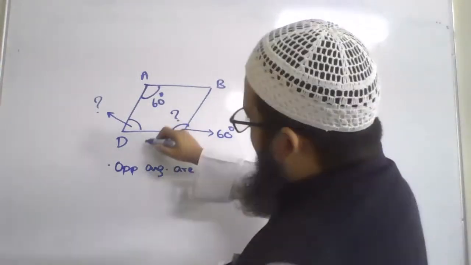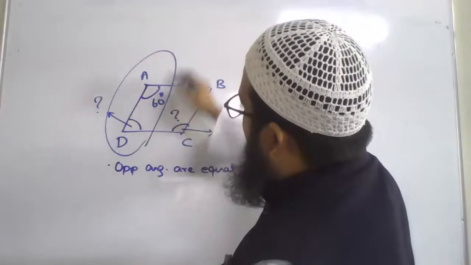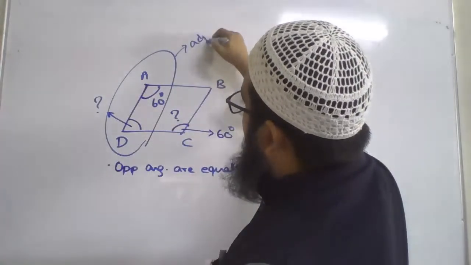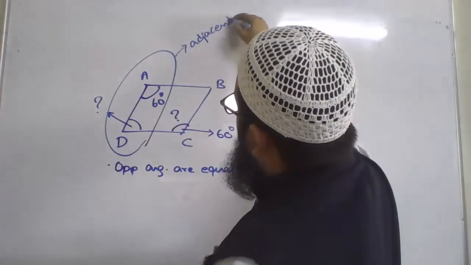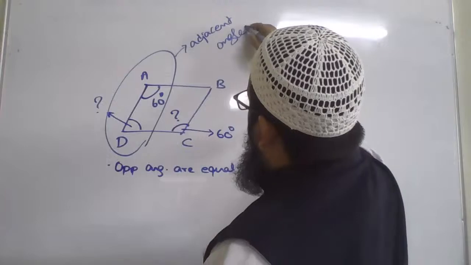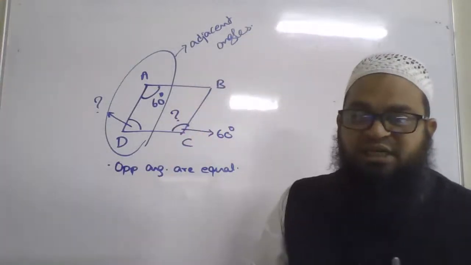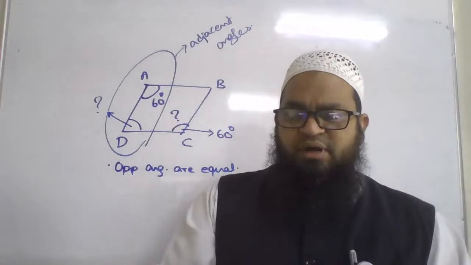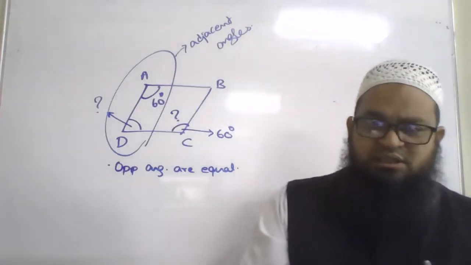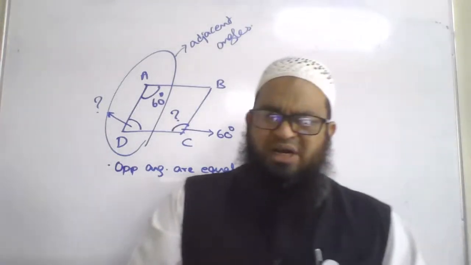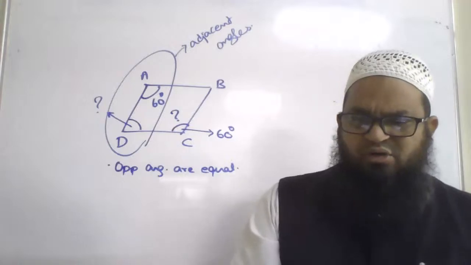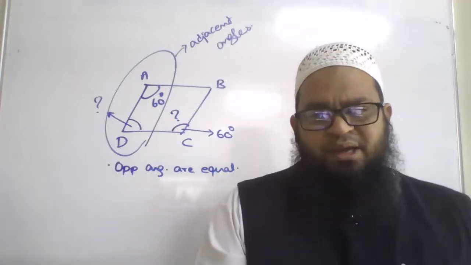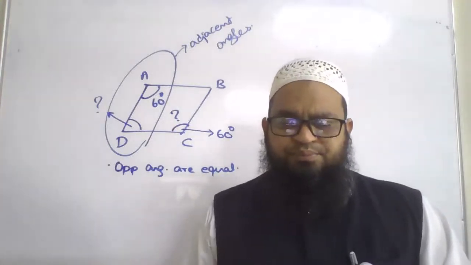Angle A and angle D are adjacent angles. And what is the property of adjacent angles? No beta, no. My dear friend, 70 is not the answer. No need to delete, nothing happens, we are learning.